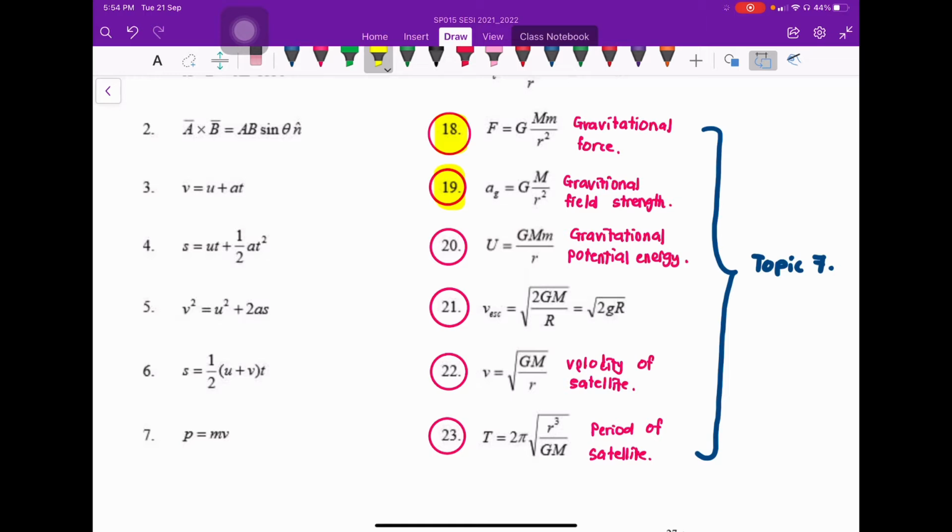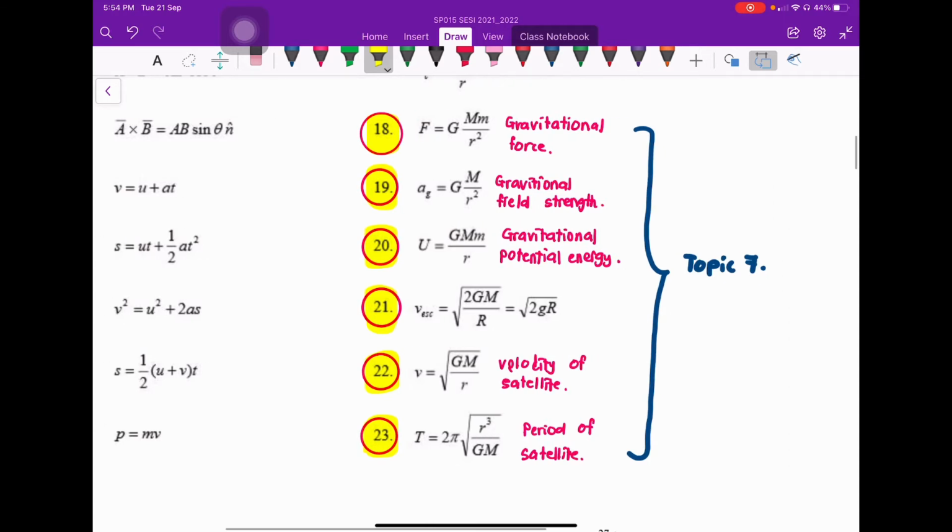Next, gravitational field strength, gravitational potential energy, 21, escape velocity, 22, velocity of satellite, 23, period of satellite.